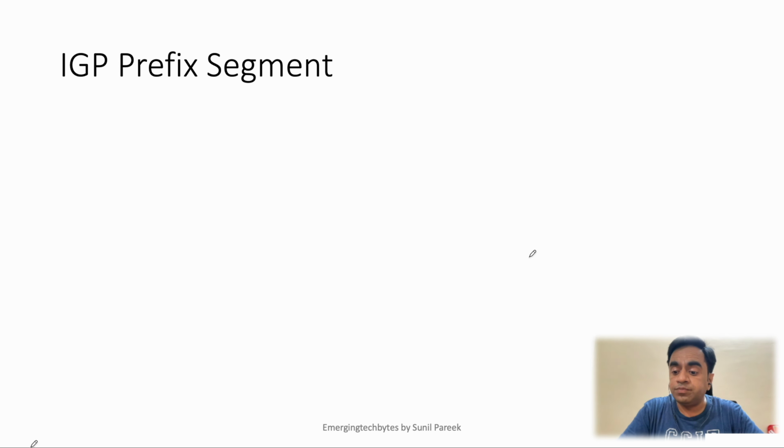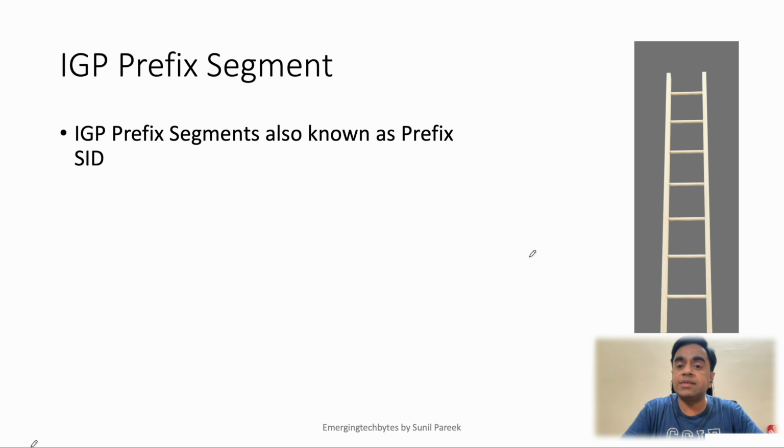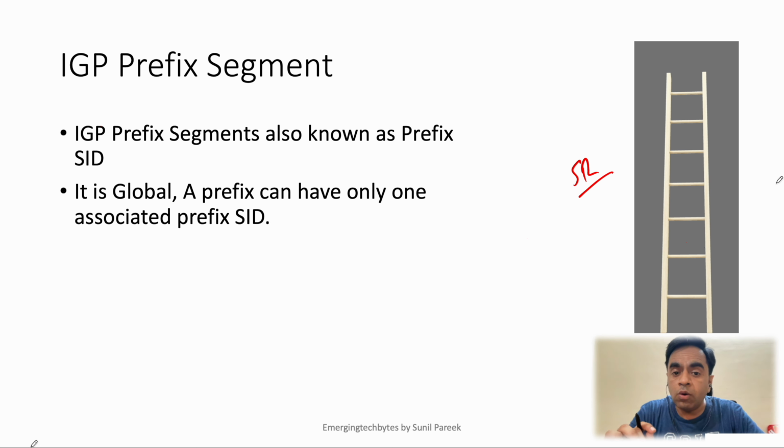But then when you allocate a SID to it, when you allocate some segment identifier, that acts as a stepping stone for this SR based solution. And normally what you do is you assign only one prefix SID to a prefix.